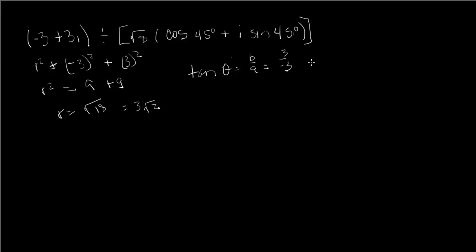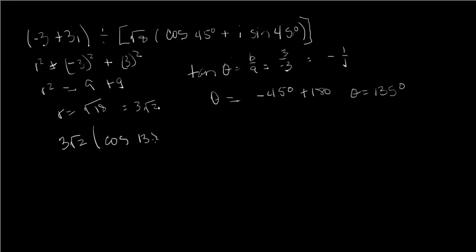So theta equals negative 45 degrees. Again, we don't want that. We're in quadrant 2, so we're going to add 180 degrees to that, and that gives us 135 degrees on our coordinate plane. So the trig form of the first number is going to look like this: r is 3 square root of 2 times cosine of 135 degrees plus i sine of 135 degrees.